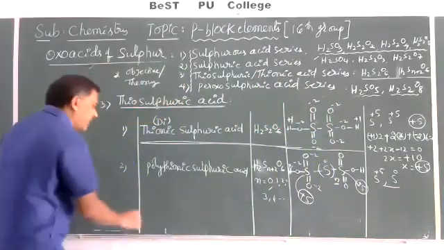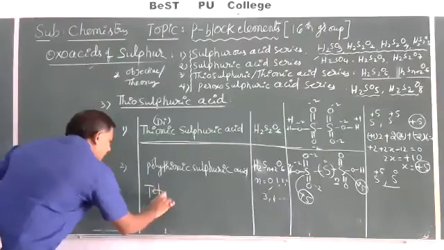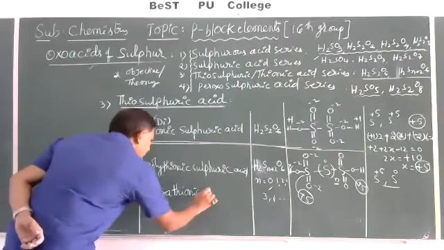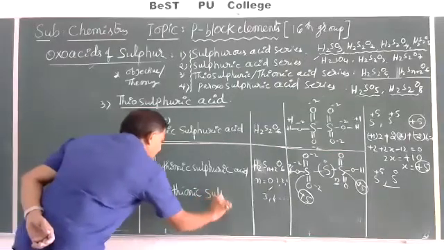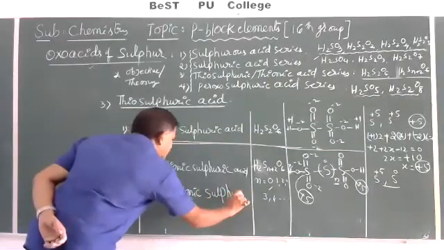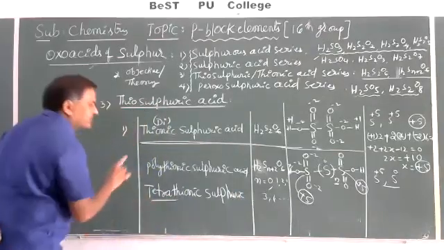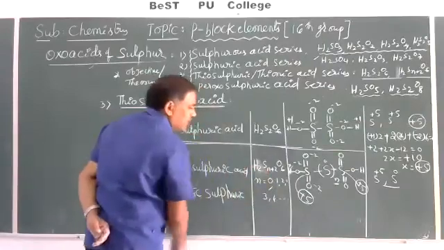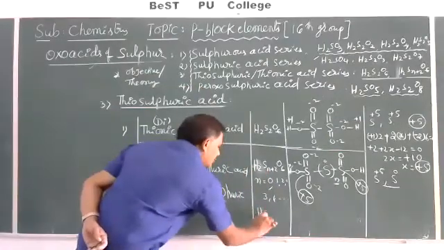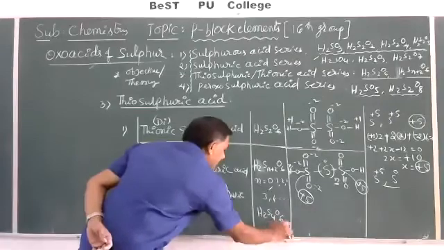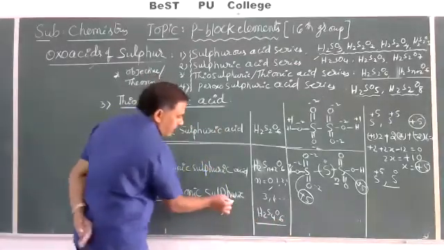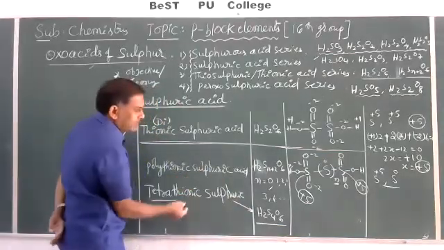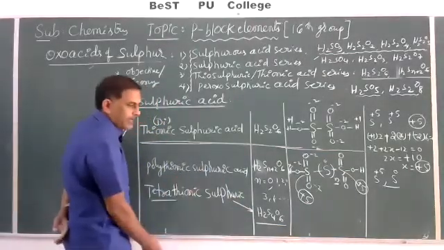Now for example, we can take tetrathionic acid. Tetrathionic sulfuric acid, if they ask like this. Tetra means 4 sulfur atoms required. Already here 2 are there, take here the 2 more, like we'll get H2S4O6. This is the polythiosulfuric acid, that is the tetrathionic acid series.